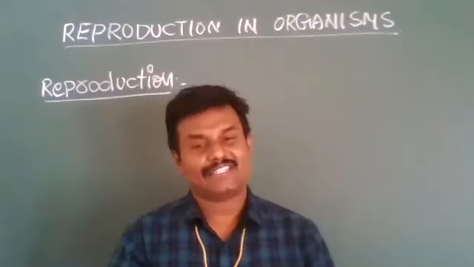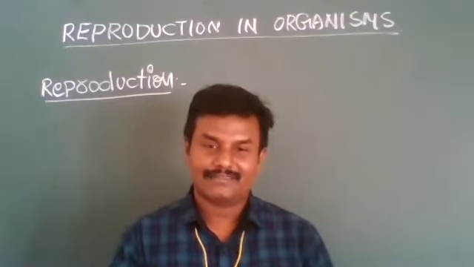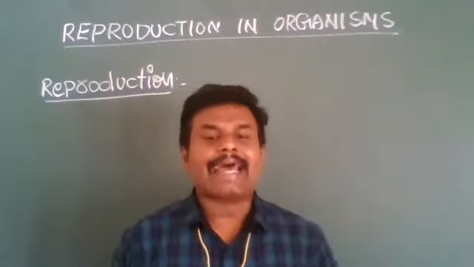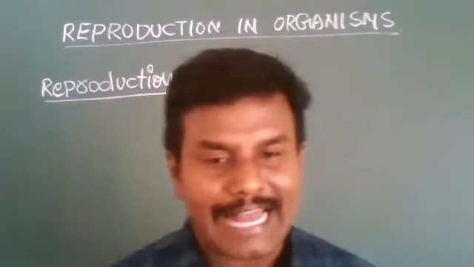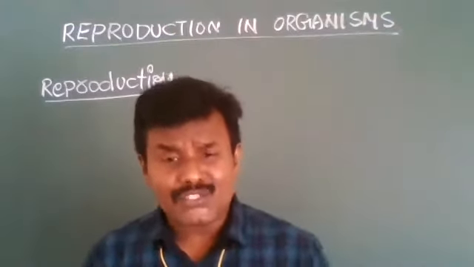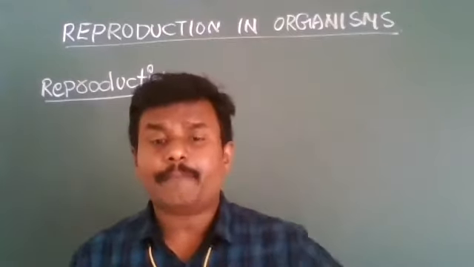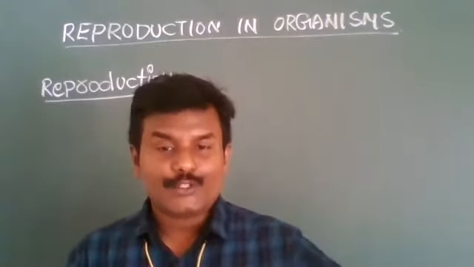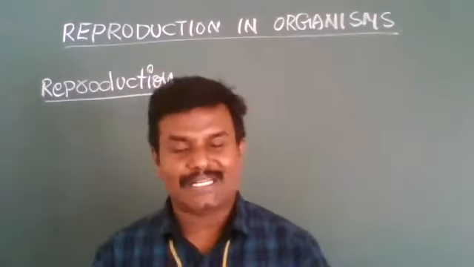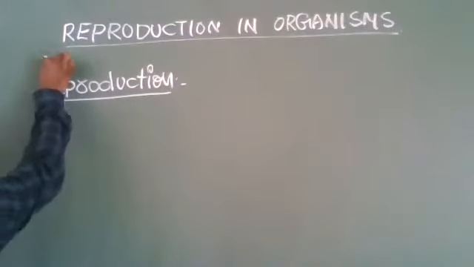How do these characters come? Through reproduction. The characters of parental organisms, mother, father, grandfather, grandmother, brother, sister, whatever characters are there in parents are sequentially transferred to the next generation. This is called reproduction.